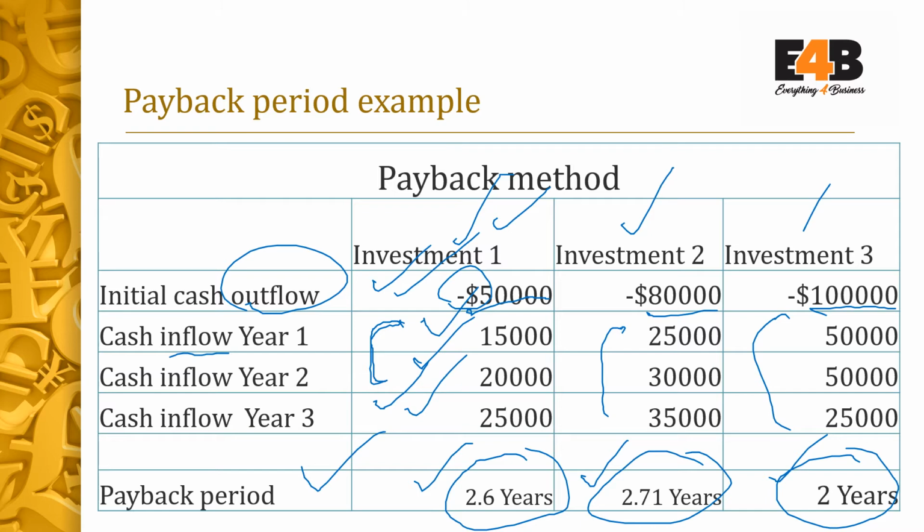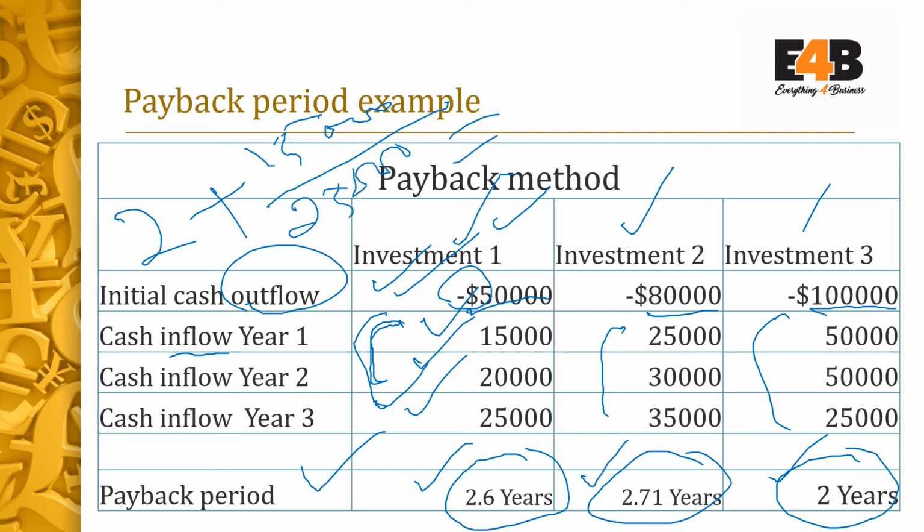So the formula is 2 plus how much we need, 15,000, divided by how much we have, 25,000. This gives us 2 plus 0.6, so 2.6. In 2.6 years, this investment is going to give us 50,000 recovered.